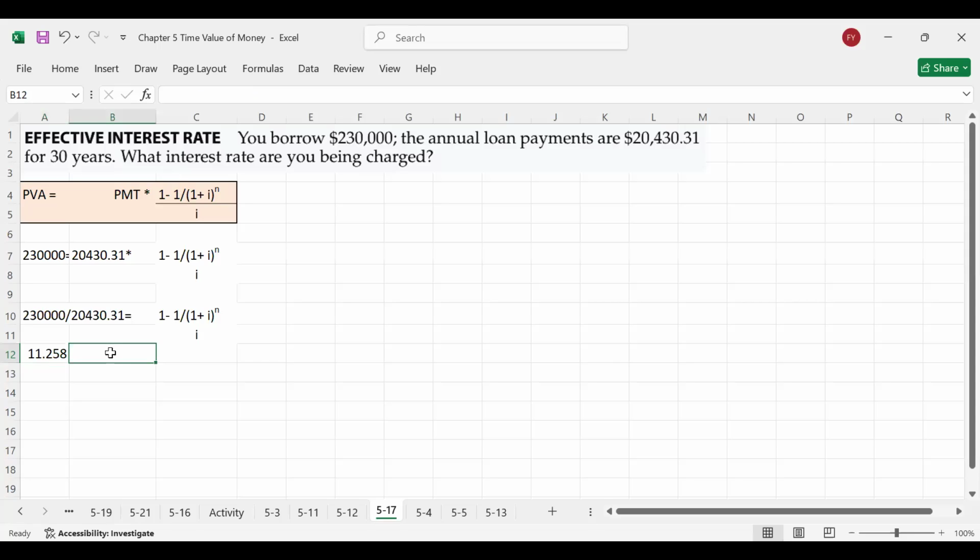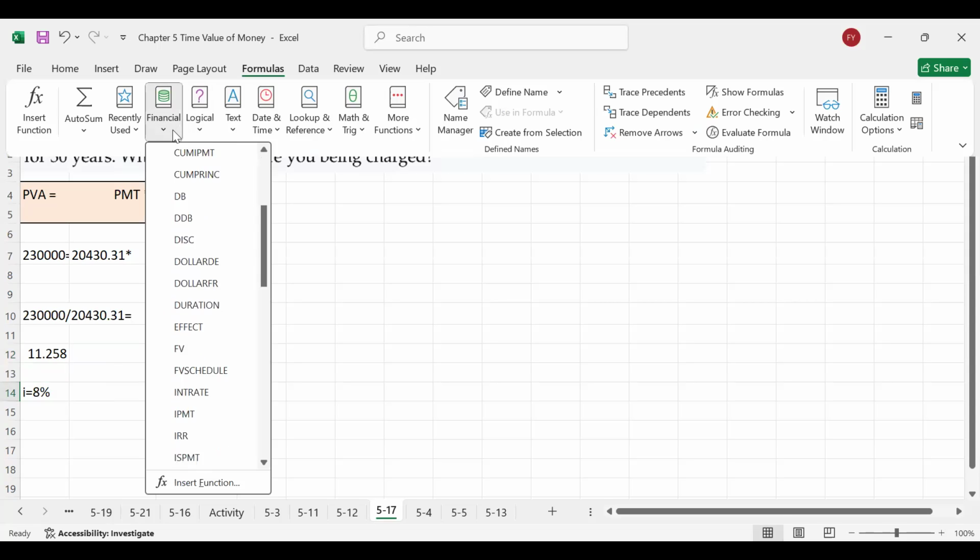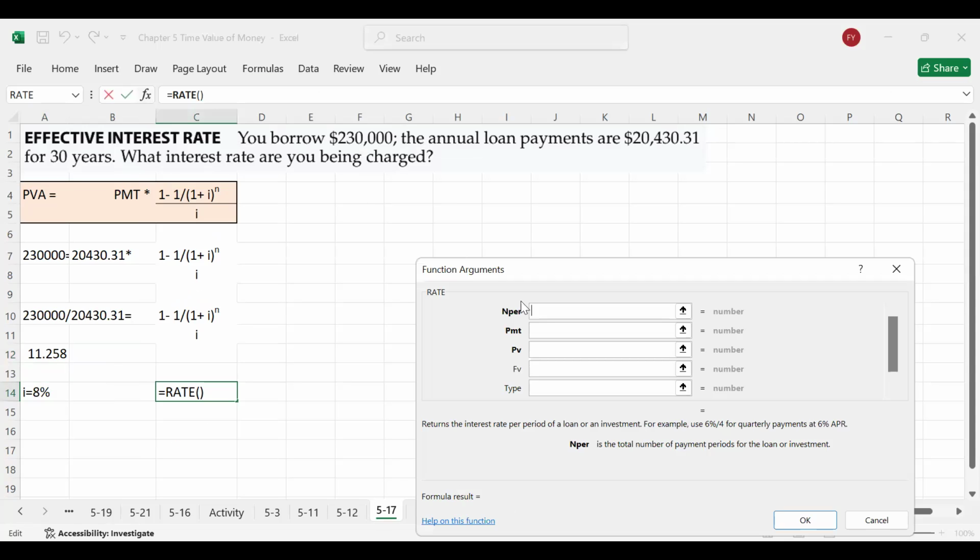So I is 8%. We can also check it via Excel sheet built-in formulas. We have financial, and we are going to find the rate or interest rate, and the time period is 30 years. Payment is 20430.31, whereas we have present value $230,000.